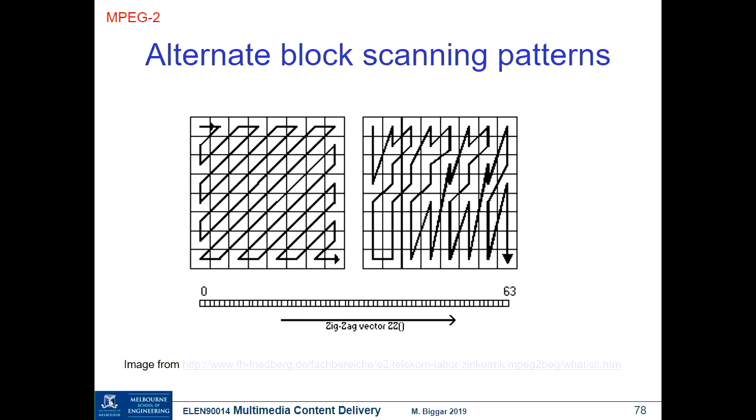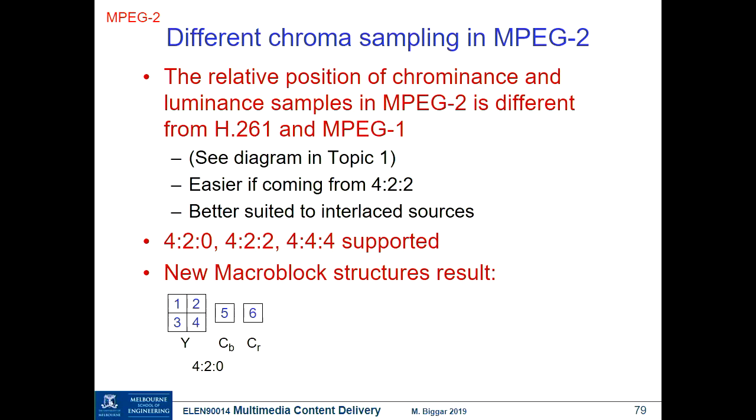I just wanted to get across the logic as to why we would want to do this, because we can expect increased high vertical frequency components. So there'll be a little flag in the coded video sequence to say that for this macroblock, you should use this scanning pattern or this one, depending on which one is more efficient. Is that okay? We've gone through a couple of challenging concepts there, but hopefully it makes some sense.